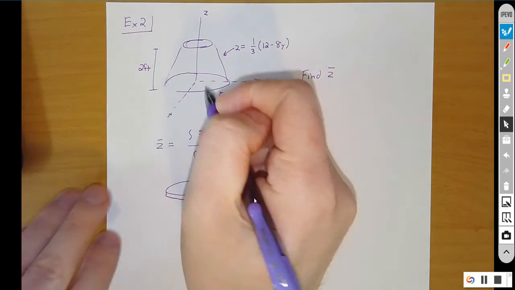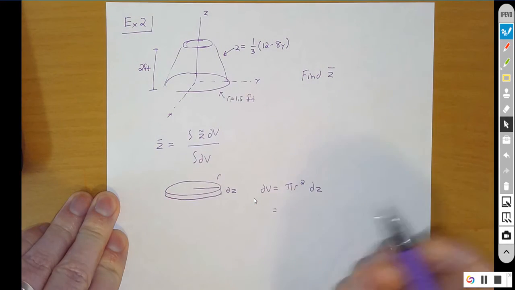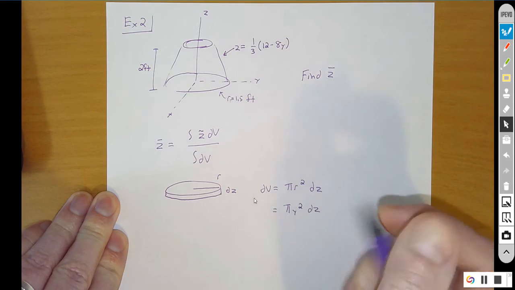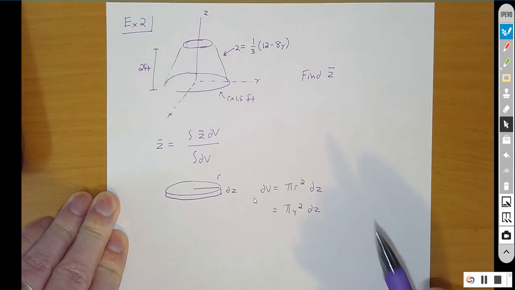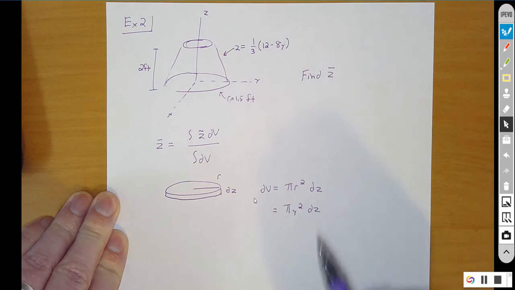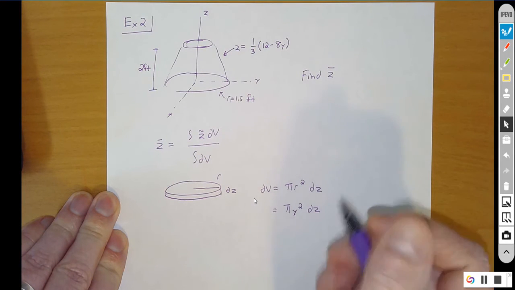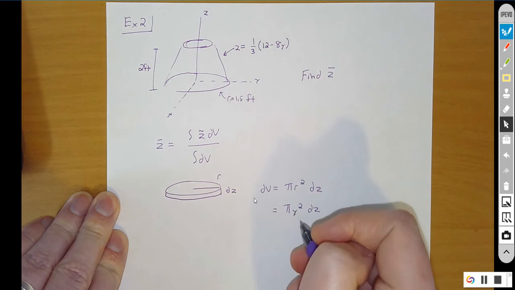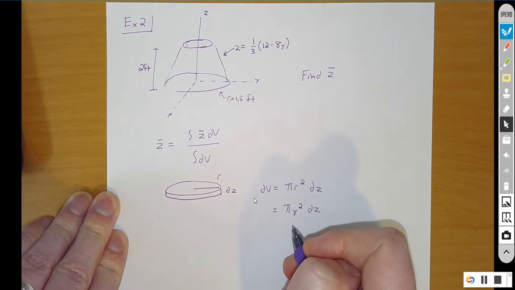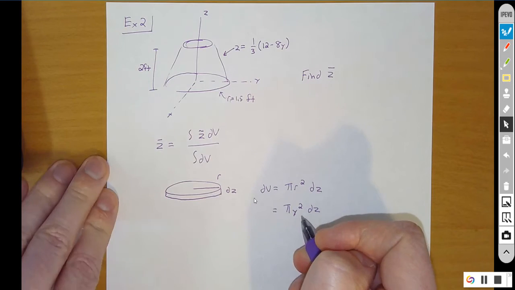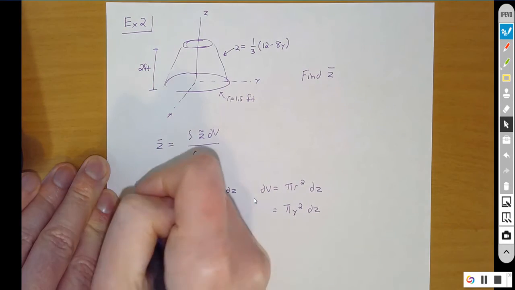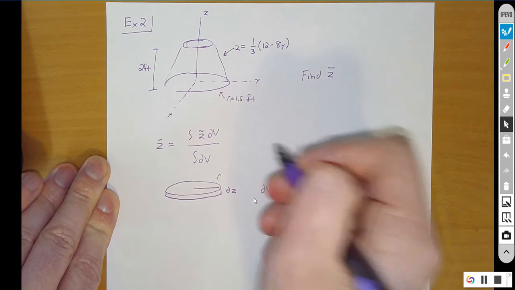Because of the way I've drawn it, I'm going to say that it's y. So we want pi y squared dz, but you could also do pi x squared. It doesn't really matter. Actually, no, it does matter. We have a y up here, not an x, so we need the radius as y. That means, to format this equation, we're going to have to do some algebra up here, but we're getting ahead of ourselves.